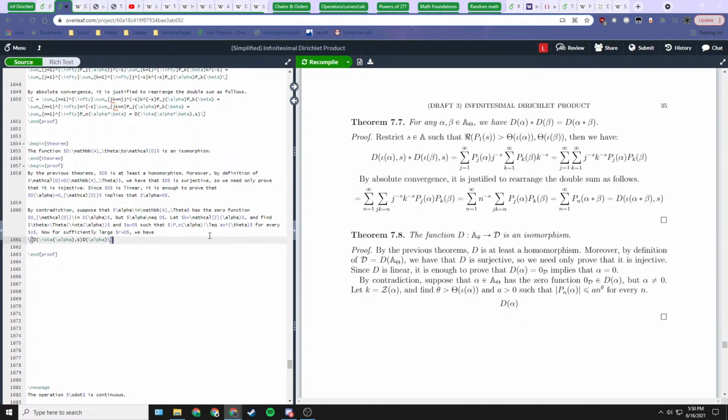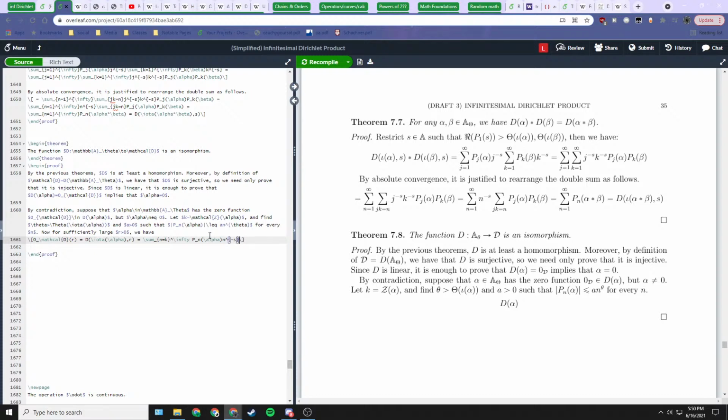For sufficiently large r greater than 0, we have the 0 function at r equal to D iota alpha at r, which is equal to the summation n equals k to infinity of p sub n of alpha times n to the power minus s.